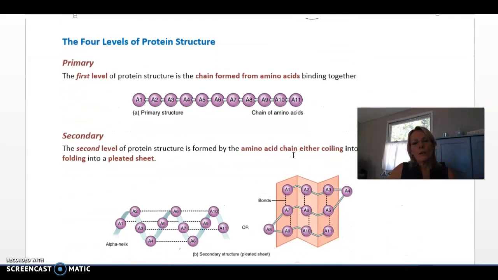There are 4 levels of protein structure, and I'm going to go through this quickly because I've only got a couple minutes left of this video. The primary structure we've already talked about. It is a chain formed from amino acids binding together, forming peptide bonds in between them. So all of these are different amino acids forming the chain. Then that chain will start to fold into one of 2 shapes.